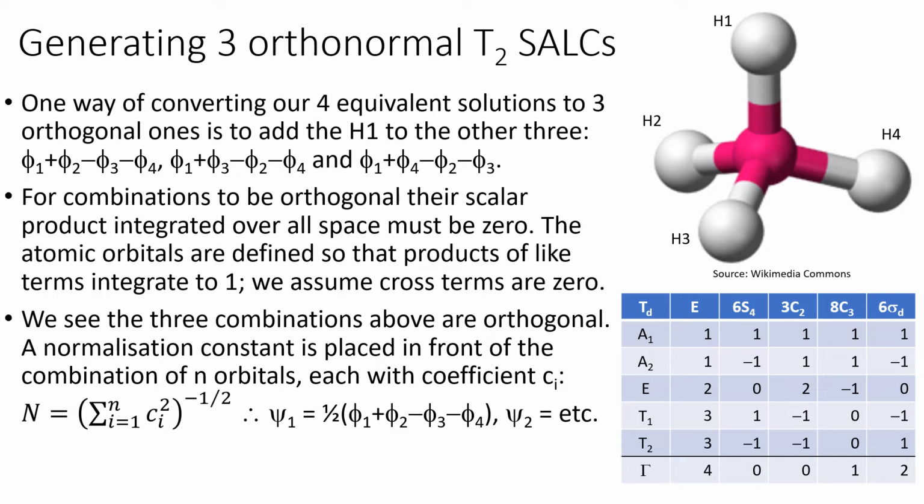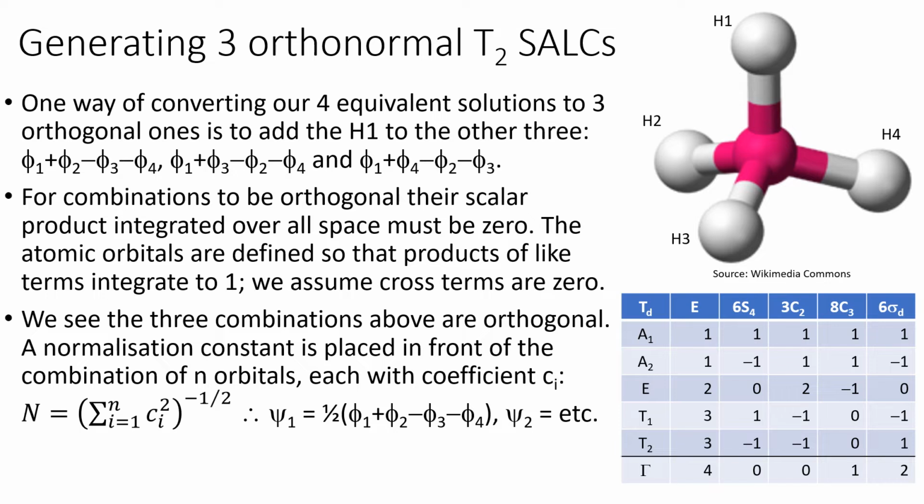A nice example to look at is the combination we've got in the first T2 there. If we put a half in front of that linear combination, then when you multiply it by itself, the half phi 1 times a half phi 1 gives you a quarter of phi 1 squared. So you get a quarter in front of each of those 4 terms, and a quarter plus a quarter plus a quarter plus a quarter is 1, so it's normalized to 1.